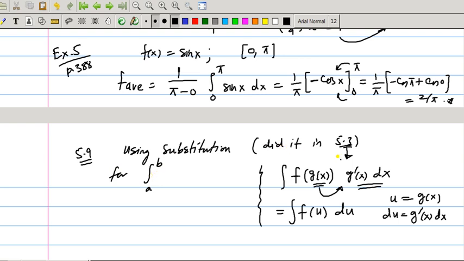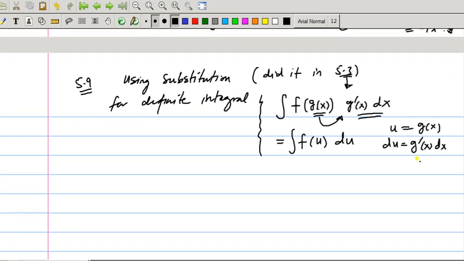For limits, here there are no limits, you see. For definite integrals, let me write this: substitution using for definite integrals. Definite means when there are limits. So if the limits are given from a to b, and you have the same situation that you had in 5.3, then what is the change here? I will still look at some function whose derivative is given with dx.